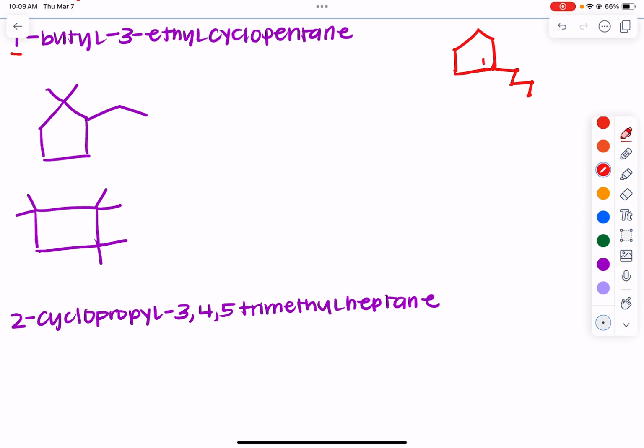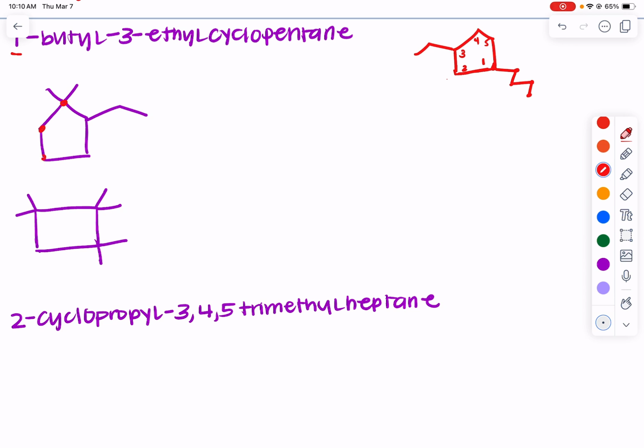If this is carbon 1, then carbon 3 either has to go here or here, depending on wherever you put it. I'm going to number it this way, but you are more than welcome to number it the other way, and that has an ethyl group on it. That is how we draw 1-butyl-3-ethyl cyclopentane. A lot of different ways that you can draw it. This is just one of the many ways.